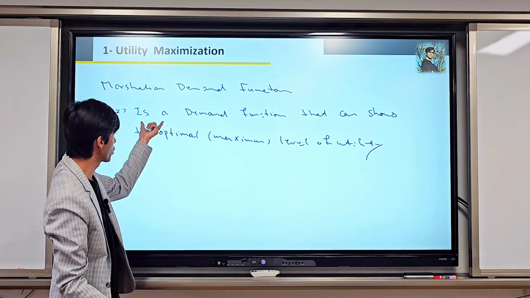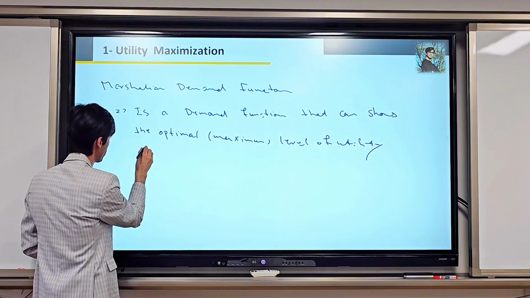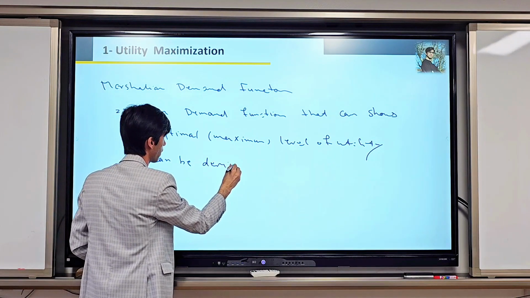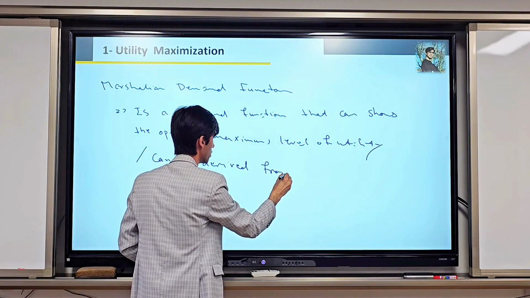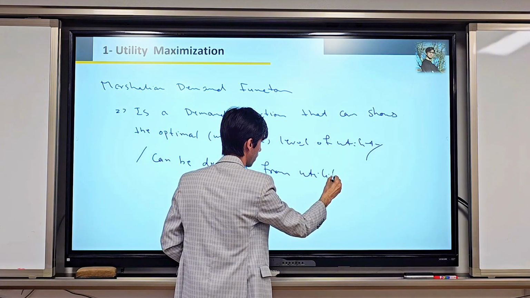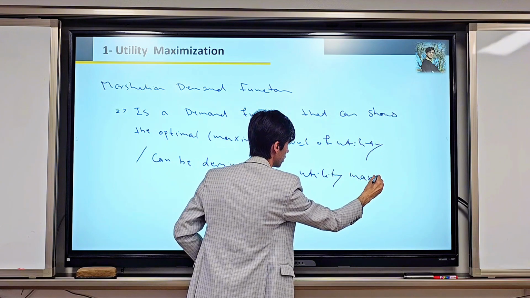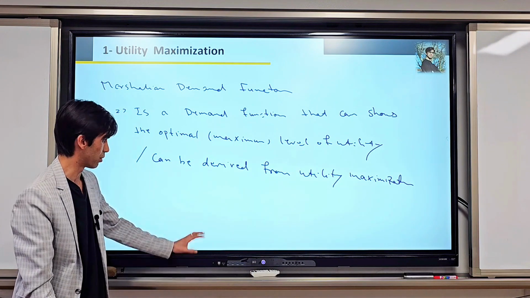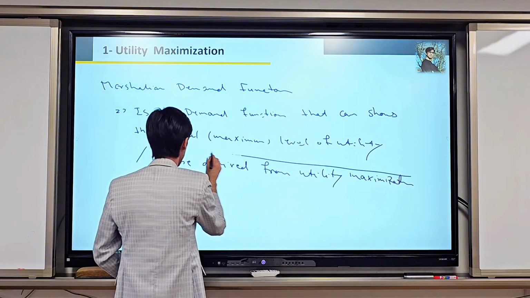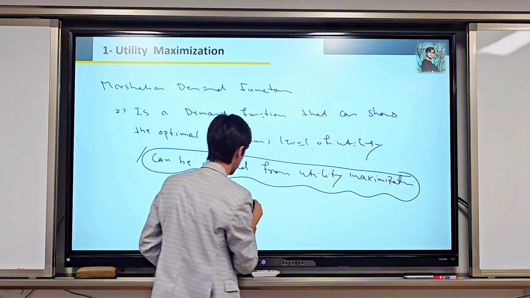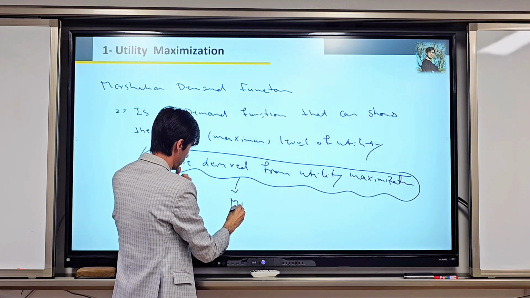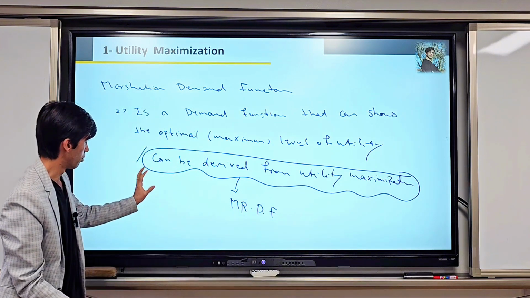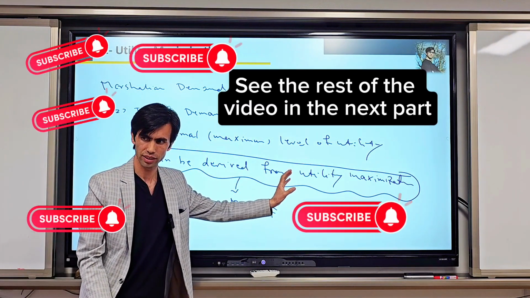Or in another way, we can say the Marshallian demand function is a demand function that can be derived from utility maximization. So this is the simplest definition for the Marshallian demand function. The Marshallian demand function can be derived from utility maximization.